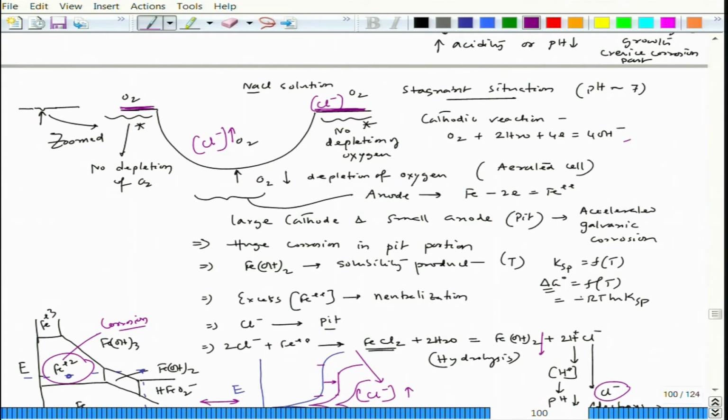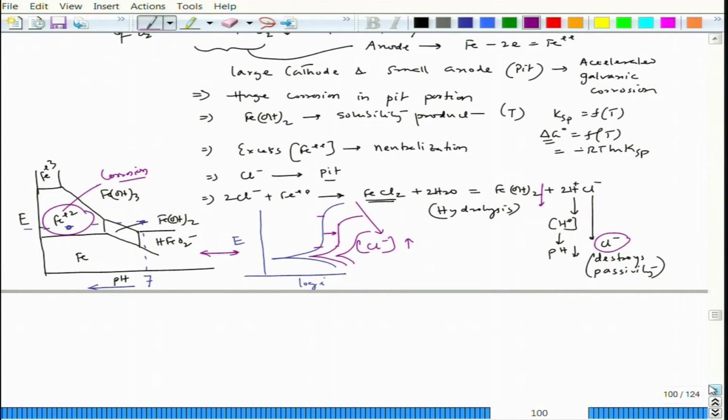Interesting situation: chloride ion does not allow passivity within the pit, but because the chloride concentration is not that high on the flat surface, the passivity is maintained. This also indicates that the growth of the pit is actually protecting the other surfaces. So, the pit is acting like a sacrificial portion.